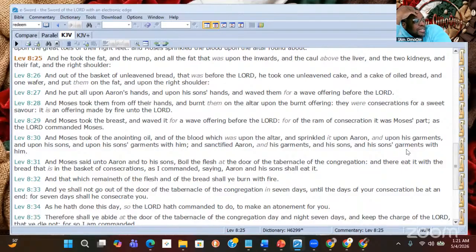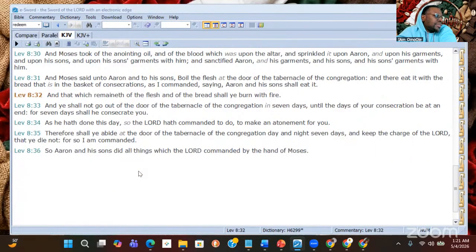And Moshe said unto Aharon and to his sons, boil the flesh at the door of the tabernacle of the congregation, and there eat it with the bread that is in the basket of consecrations, as I commanded, saying, Aharon and his sons shall eat it. And that which remaineth of the flesh and of the bread shall ye burn with fire.